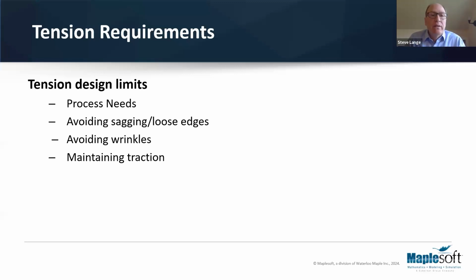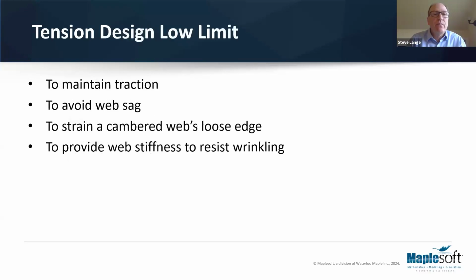So avoiding wrinkles is a key consideration in what tension you need to run, because there is a bit of a Goldilocks situation with tension. You can have too little, you can have too much. Both conditions can create wrinkle situations. And then, as we talked earlier, maintaining traction between webs and rollers requires a certain tension range. Too much and you'll slip, too little and you won't stay adhered to the roller.